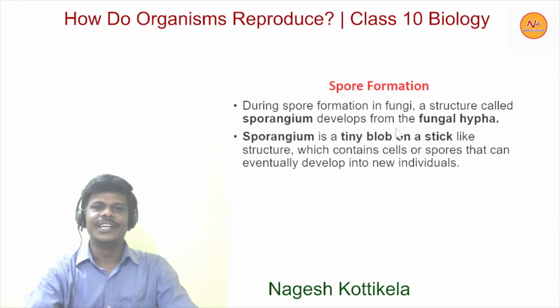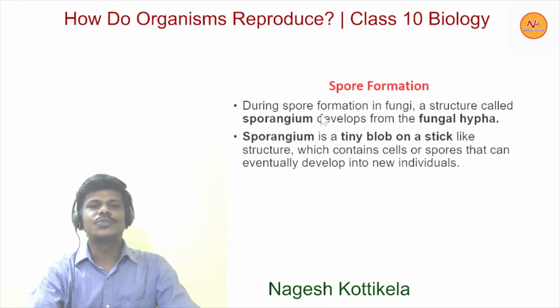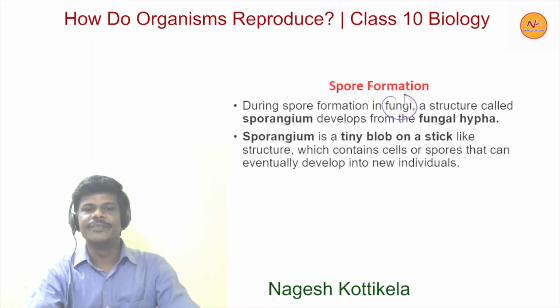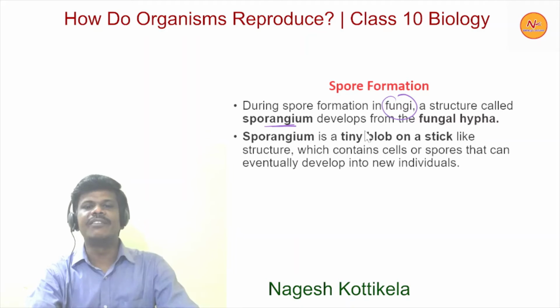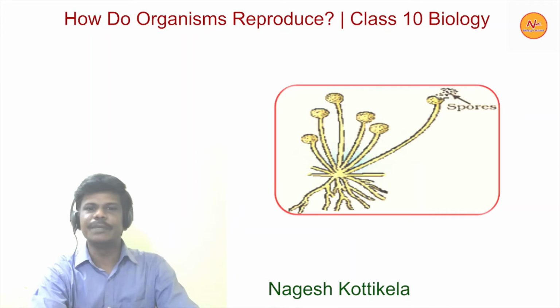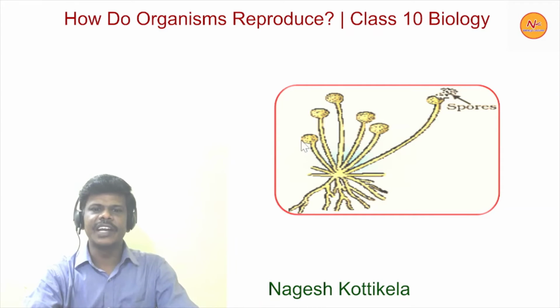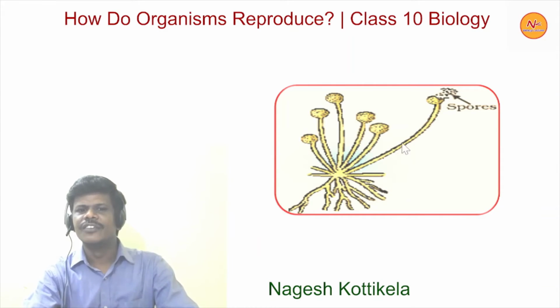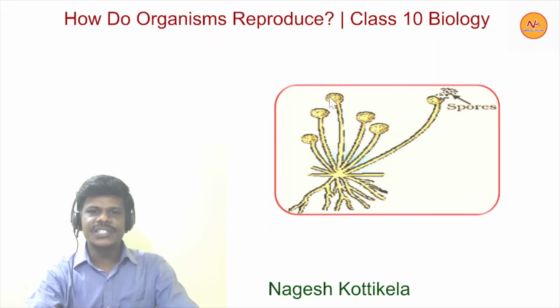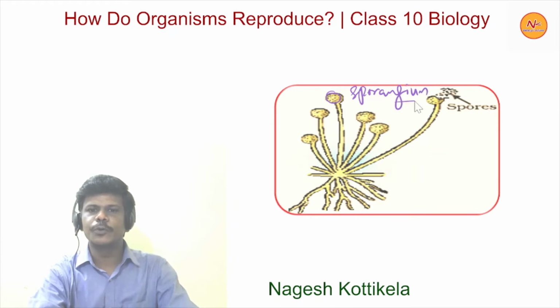During spore formation in fungi, a structure called sporangium develops from the fungal hyphae. You can see in this picture, all these structures are fungal hyphae, and this structure is what we call sporangium.